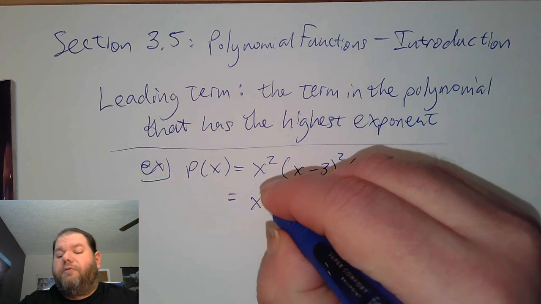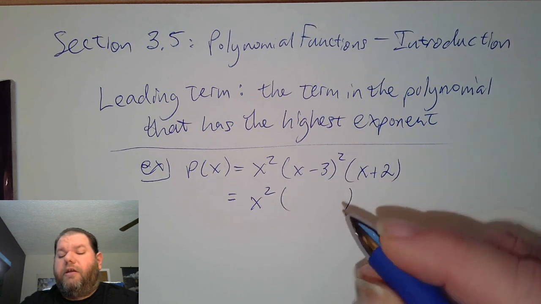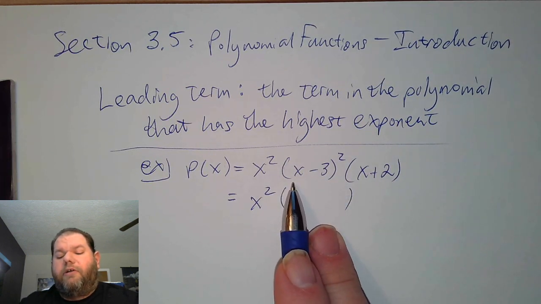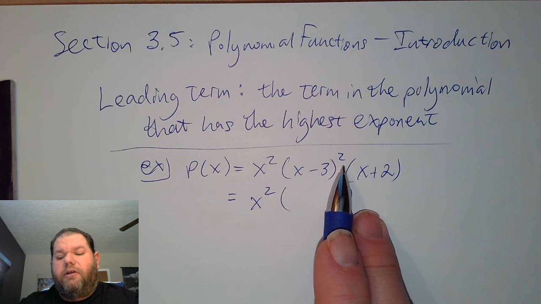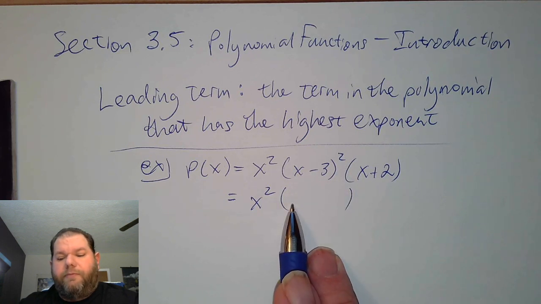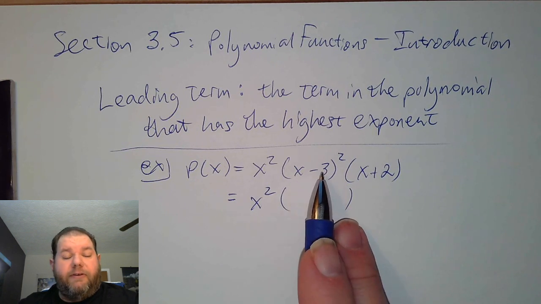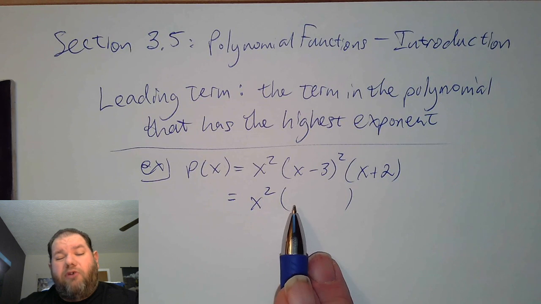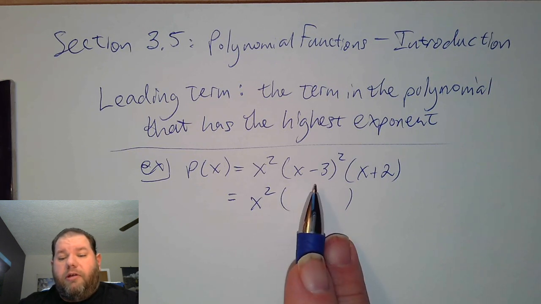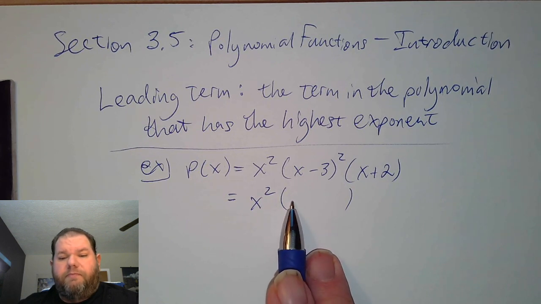And so we know we have this x squared. Now if we were to multiply out (x minus 3) squared, what would be the first term there? So we would take x minus 3 times x minus 3 and FOIL. How would we start that off? And again, we don't need the whole polynomial, we just want the very first term.